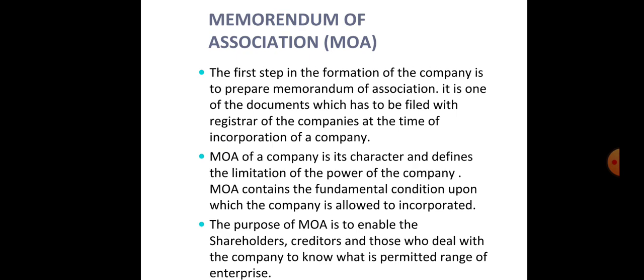It is one of the documents which has to be filed with the Registrar of Companies at the time of incorporation of the company. The MOA is the character of a company, while a company's own set of rules and regulations, the internal policies, we call AOA.